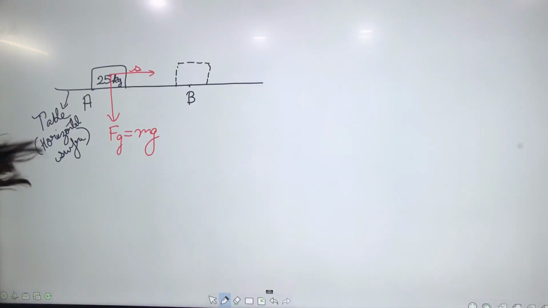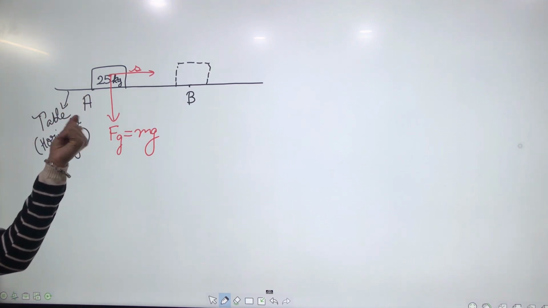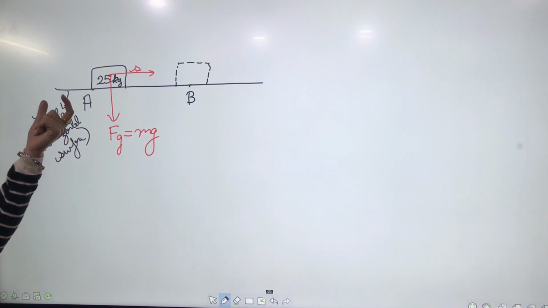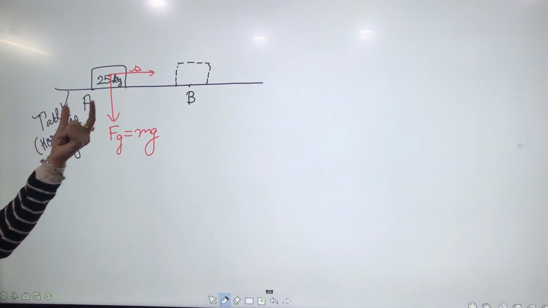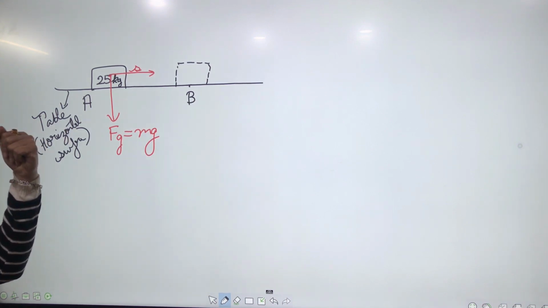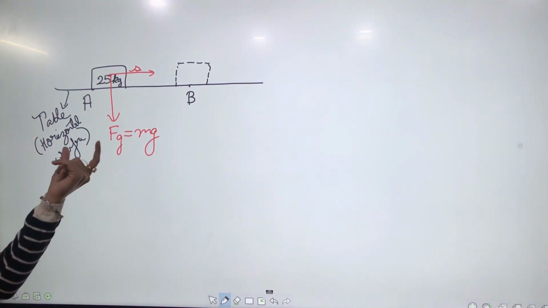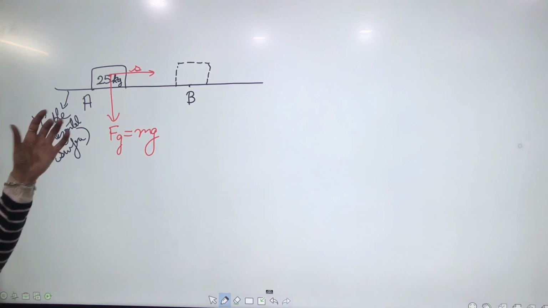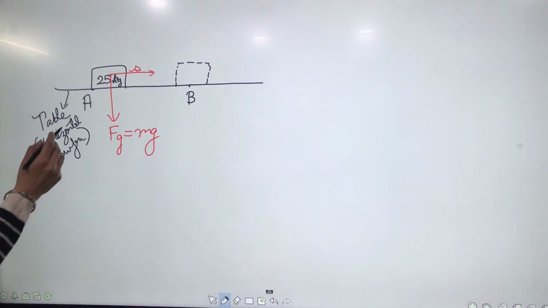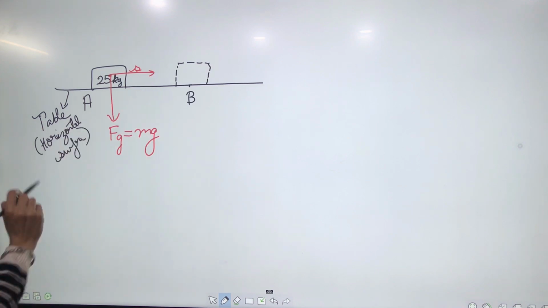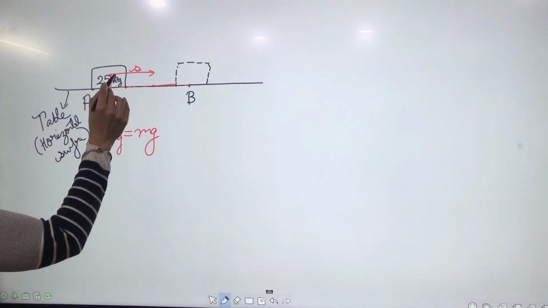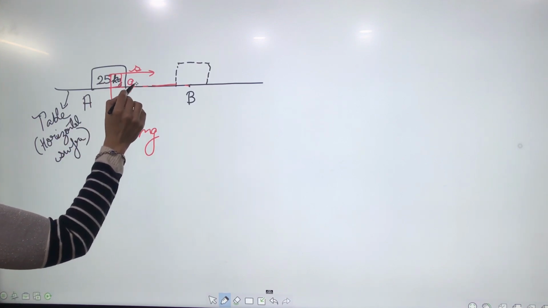According to the question, a mass of 25 kg is lying on the table, which is horizontal, and from point A it is moved to point B. We need to calculate the work done by the force of gravity. What we observe is that when it is displaced to point B, the force and the displacement are at a 90-degree angle.